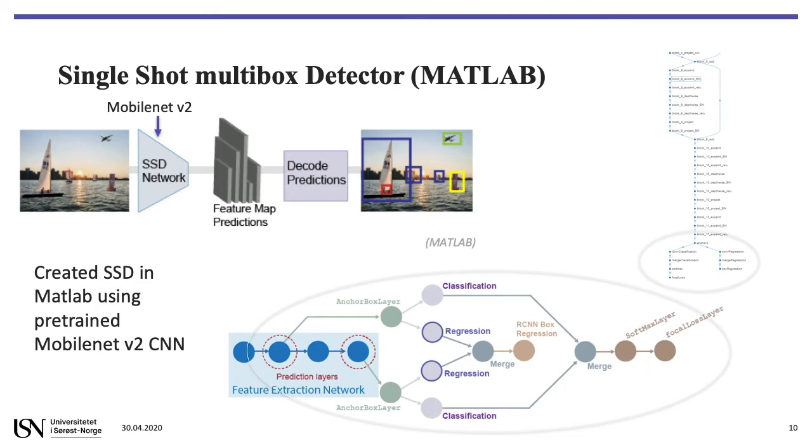And for the single shot multibox detector, we did almost the same thing. We created it using the example in MATLAB, and selected our own retrained MobileNet version 2 network, and selected our own feature extraction layer here as well.